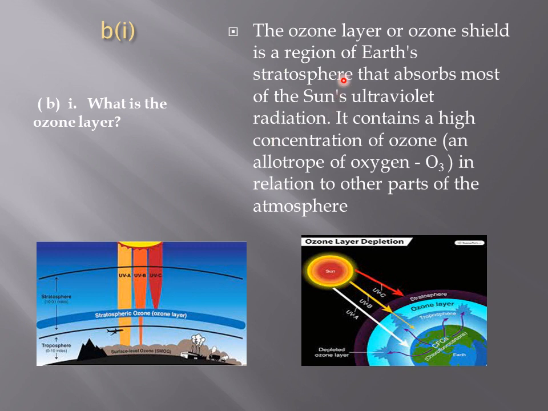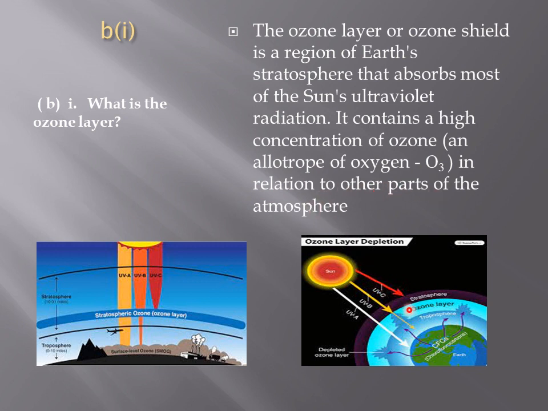The ozone layer is what? It is a shield, a region of the Earth's stratosphere that absorbs most of the sun's ultraviolet radiation. It contains a high concentration of ozone in regions in relation to other parts of the atmosphere.